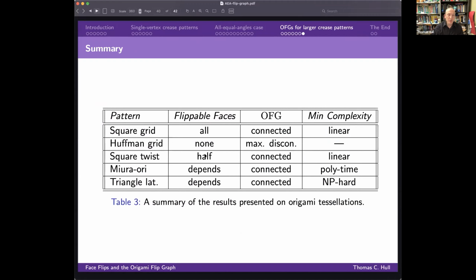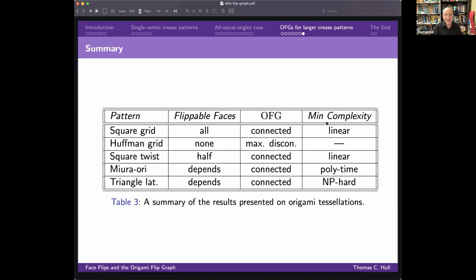With the square twist, half of the faces are flippable and it's connected. But with the Miura Ori and the triangle lattice, it really depends. It's hard to predict when faces are going to be flippable or not without looking specifically at what is happening with the mountain and valley assignments case by case. So you can figure it out, but you have to look case by case. But their flip graphs are connected.